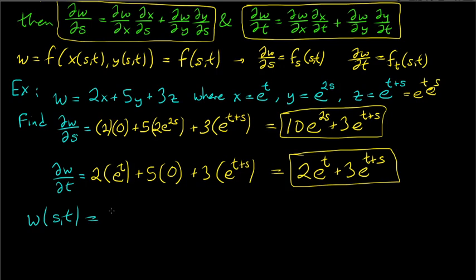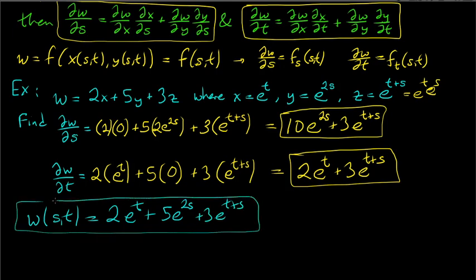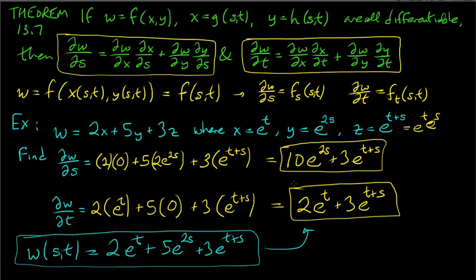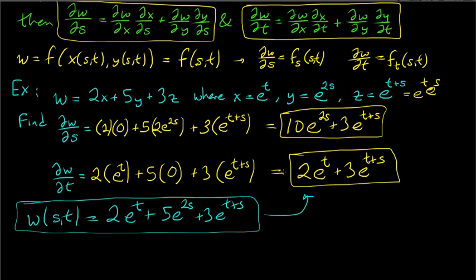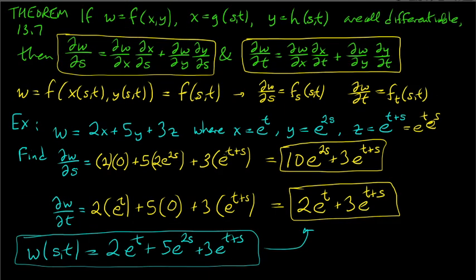If you want to do it that way, fine, because it's just 2 e to the t plus 5 e to the 2s plus 3 e to the t plus s. And now, just take the partial derivatives of this with respect to s and t, and you should get the same thing. So, it's not much easier that way, in my opinion, but it does give you the same two answers. All right. So that's the other chain rule.